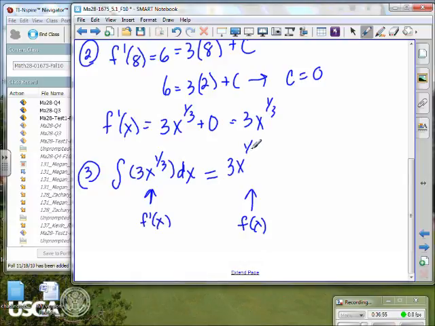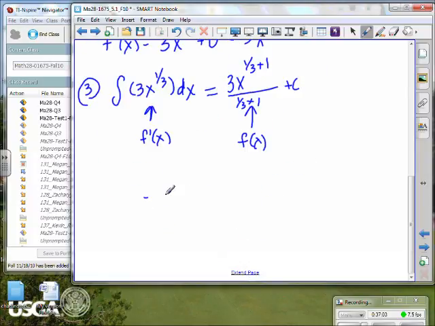Okay, so I've got 3x, just use the rule, add 1 and divide by the new exponent plus c. So let's see, 3x to the 4/3 divided by 4/3 plus c. That's the same thing as divide by a fraction, multiply by the reciprocal.